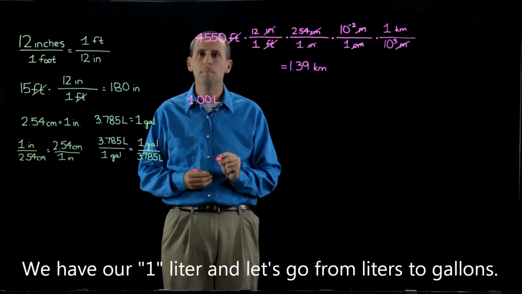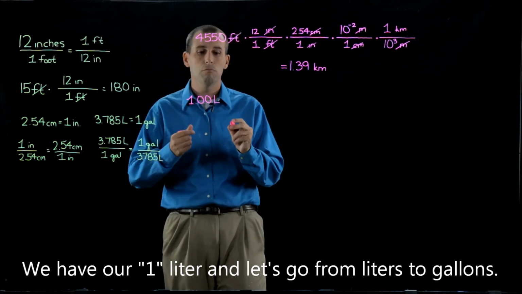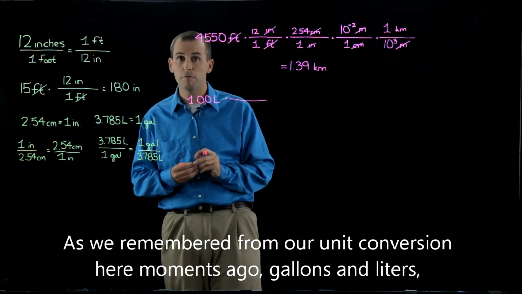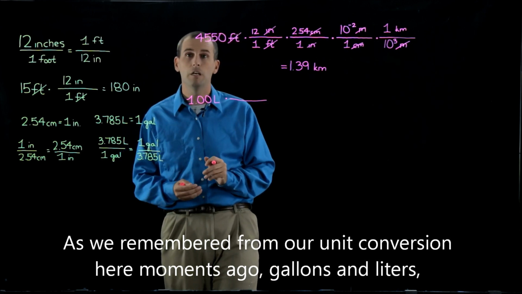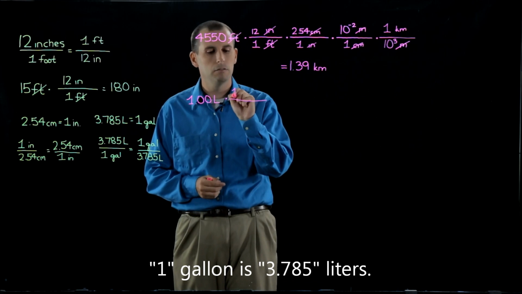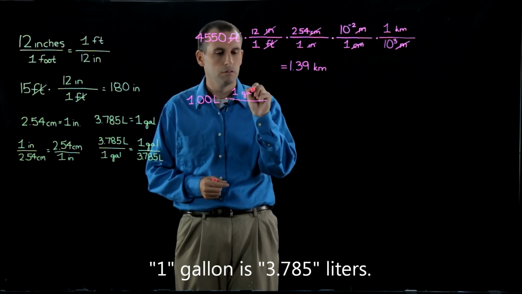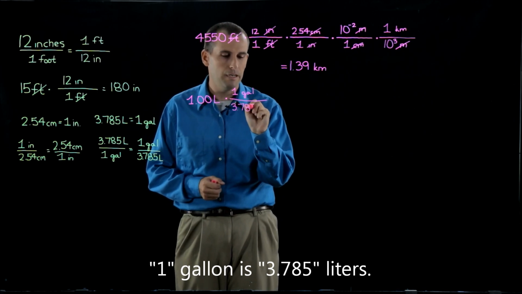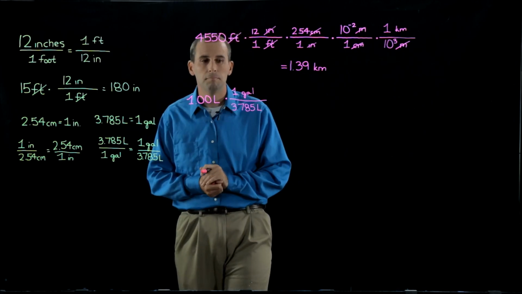We have our 1 liter, and let's go from liters to gallons. As we remembered from our unit conversion here moments ago, gallons and liters, that 1 gallon is 3.785 liters.